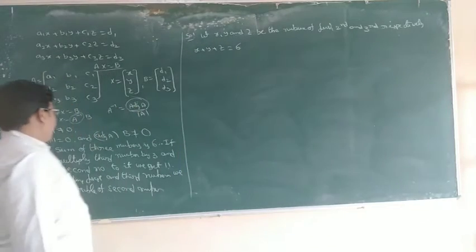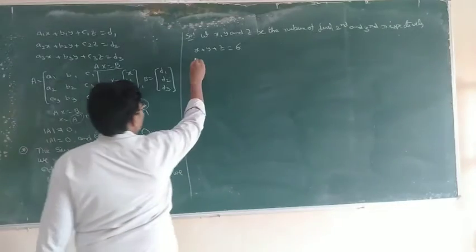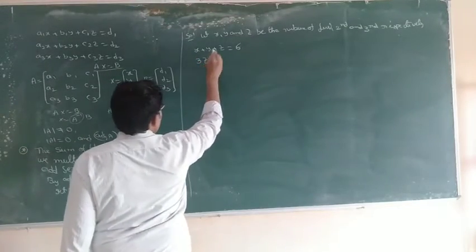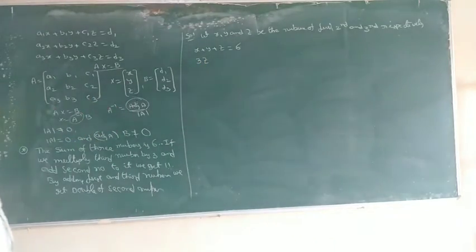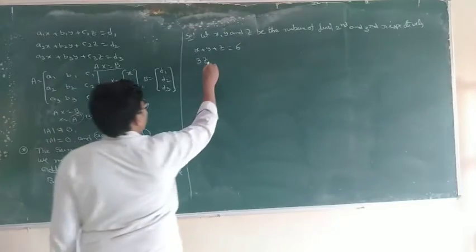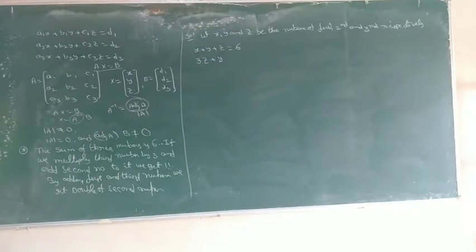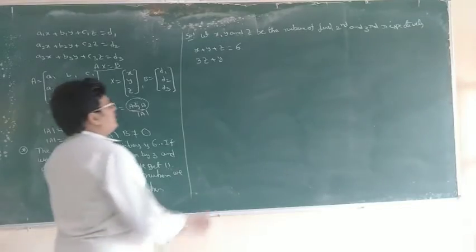Next, if we multiply the third number Z by 3 and add the second number, which is Y, we get 11.